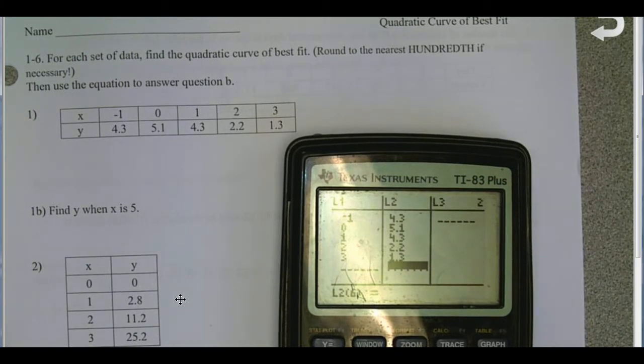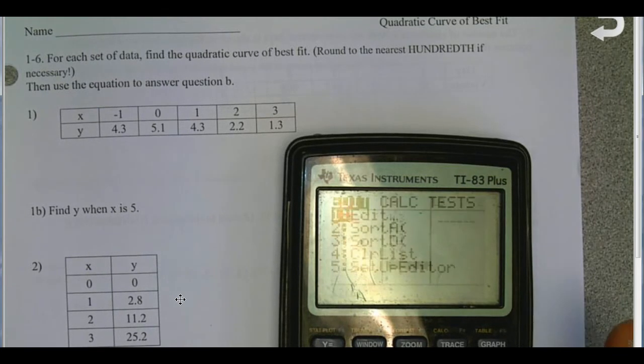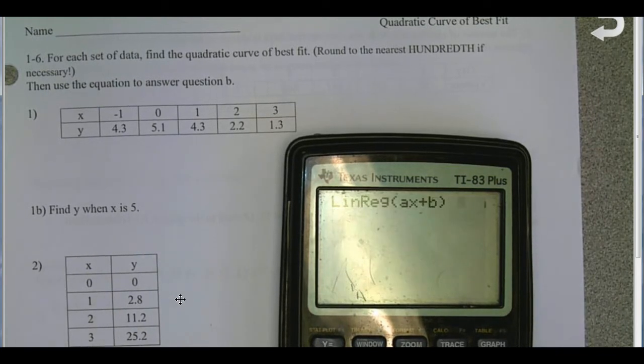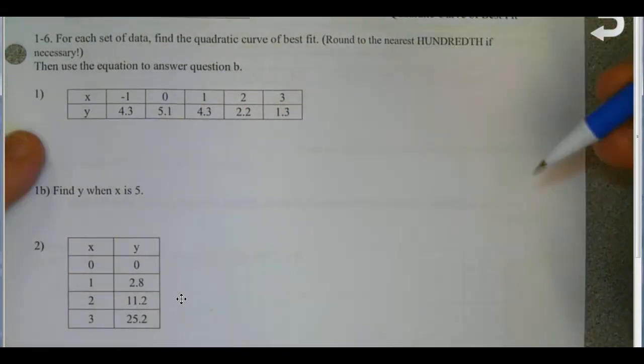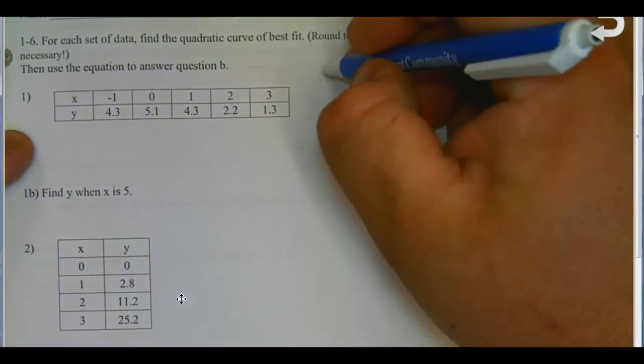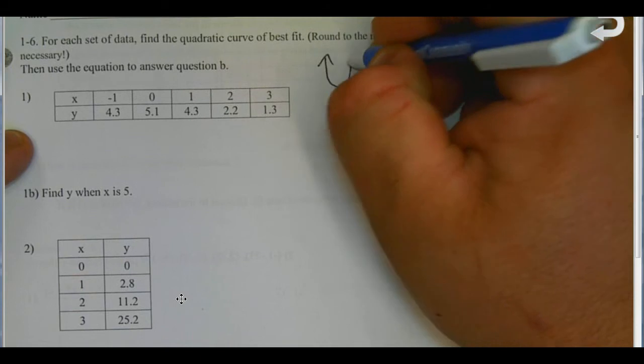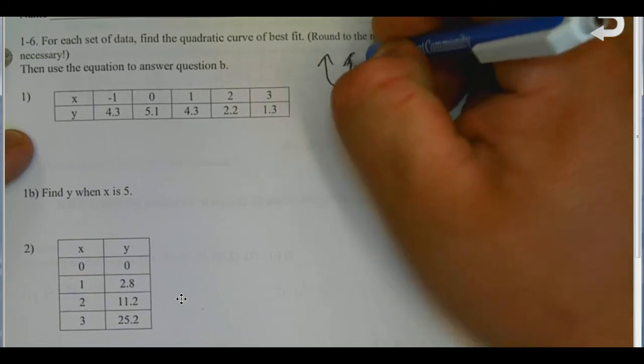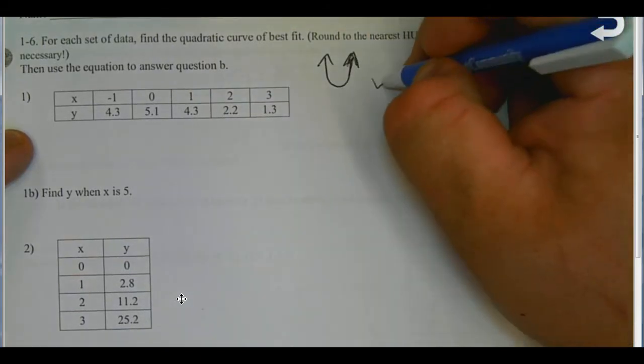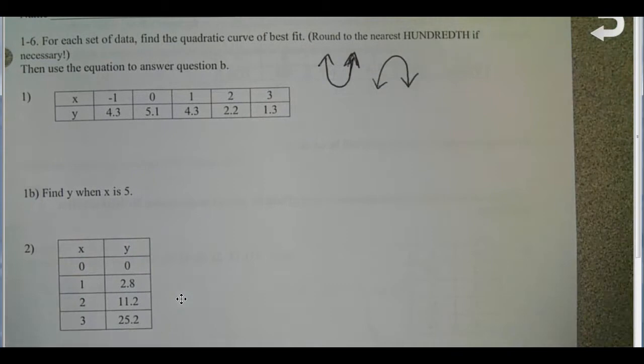This is where you have to read the directions to make sure you understand what's being asked. I could do stat calc 4 and get a linear curve of best fit. The problem is that this is not appropriate because the question says quadratic. And if you notice, a quadratic should be shaped like this, which is what we talked about in the previous chapters when we were solving through factoring.